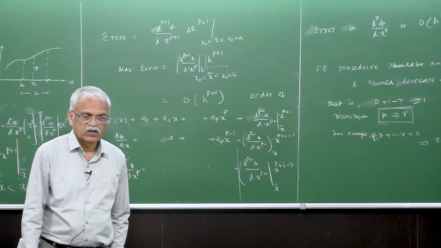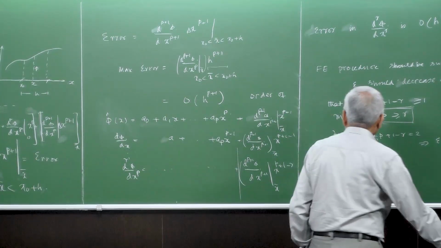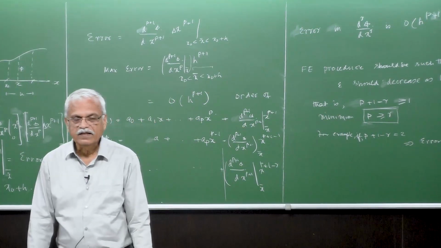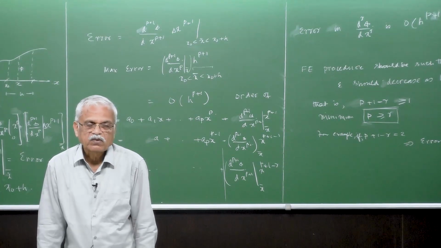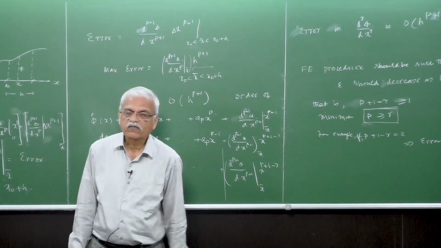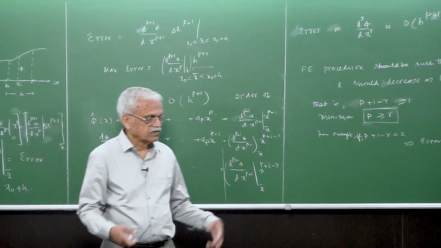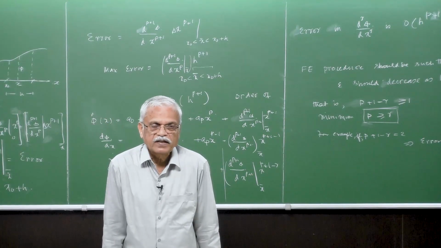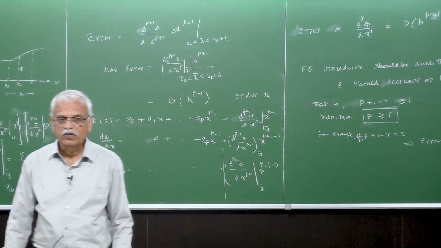So now in a particular element, you may require only a linear one, but we would like to use a quadratic approximation because the errors will reduce faster, say like h cube. Even where you require a linear approximation, if you are using cubic, then the error will be of the order of h cube.